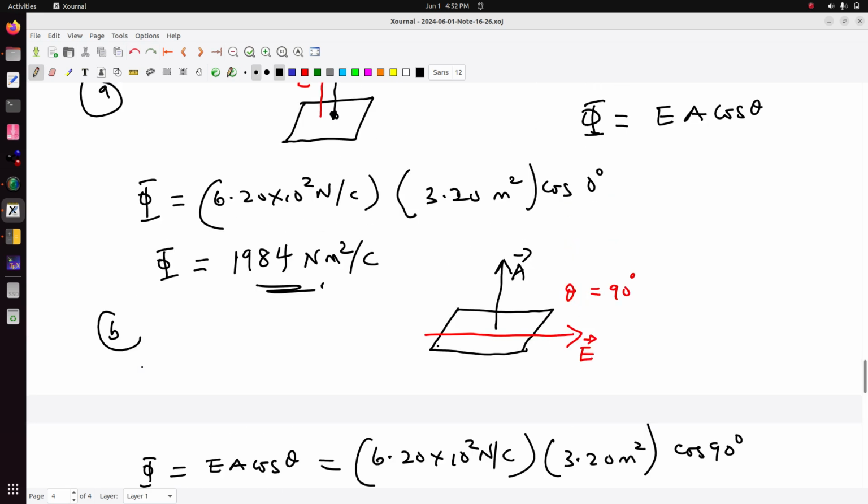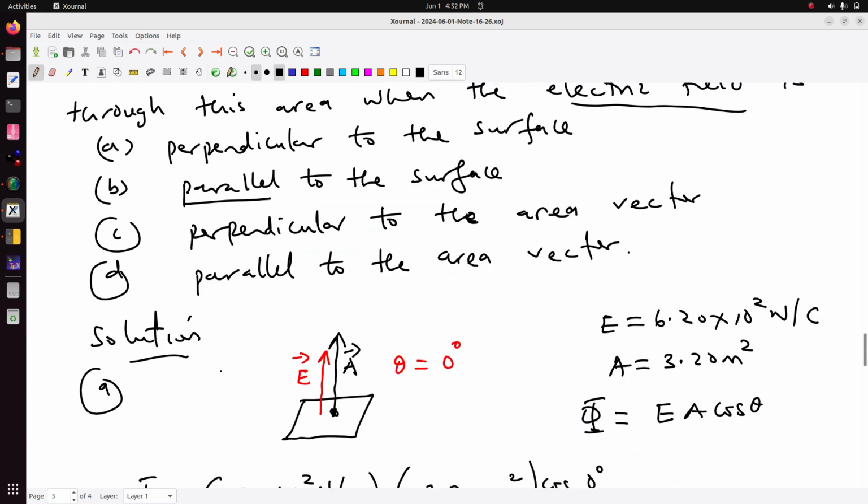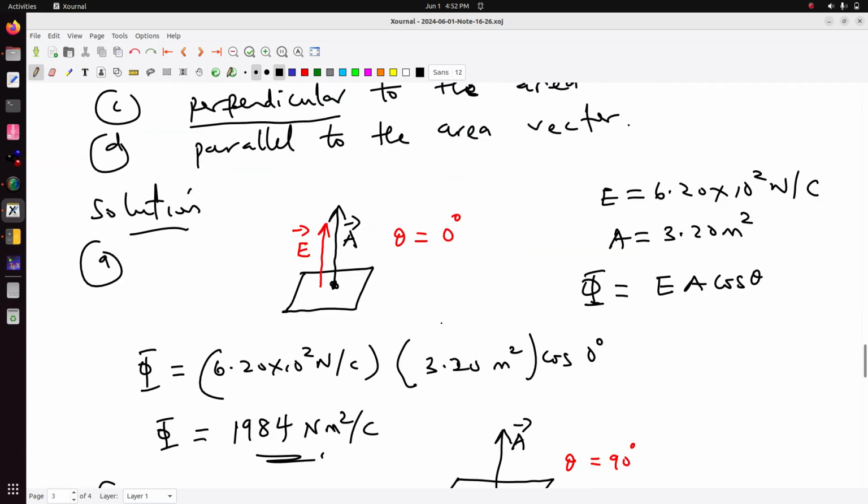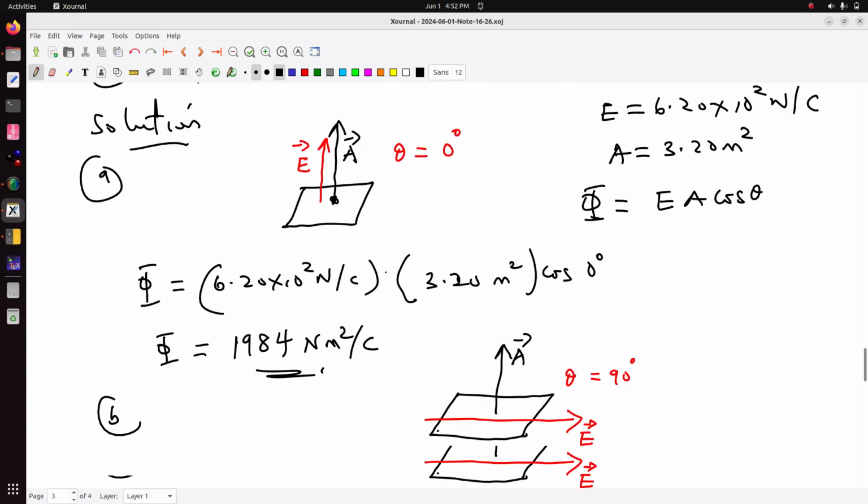Now, what about the third case? In the third case, we are told that the electric field is perpendicular to the area vector. So it's already perpendicular to the area vector. In fact, we do not even need to sketch anything, but let me still sketch it so that you understand what I'm saying. Let's say the area vector is in this direction. The electric field, they said, is perpendicular to the area vector.